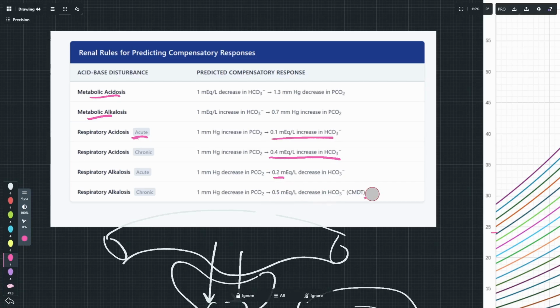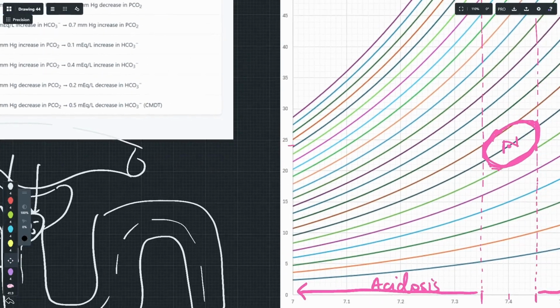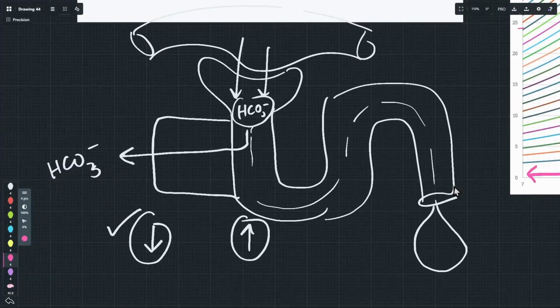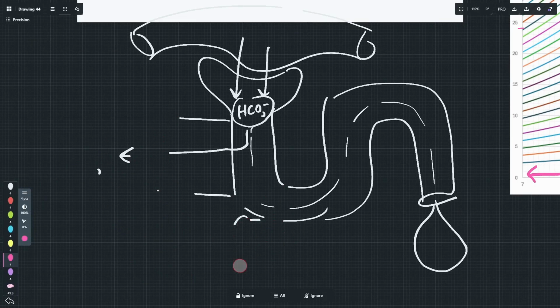So this is the whole idea. Now we can complete this Davenport diagram or nomogram using these renal rules, and I will show you how we can do that. First, let's remove this diagram to make space for the rest of our discussion for today.